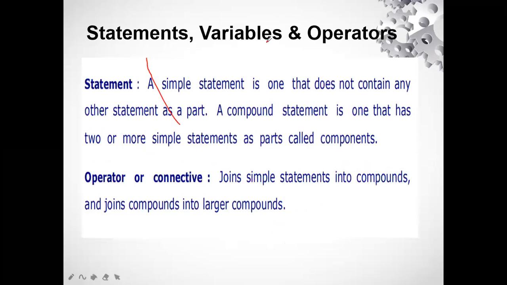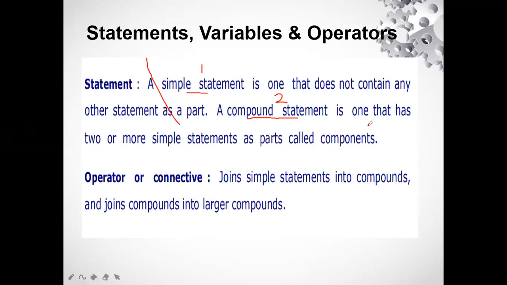Now, statements, variables and operators. Let's understand what statements, operators and variables are. There are two types of statements: the simple statement and the compound statement. Whenever two or more simple statements are composed together, they are called compound statements.